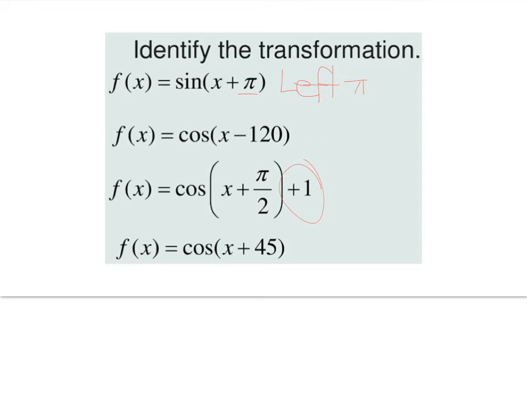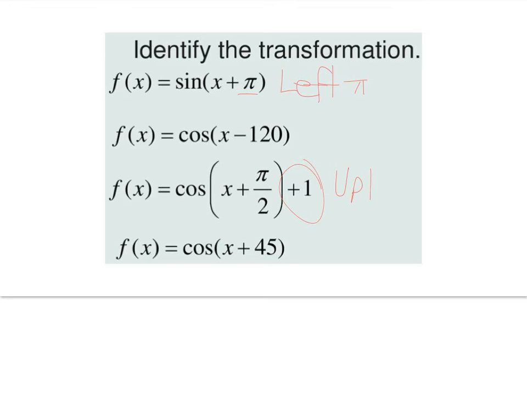So that plus 1 right there. Stretch? No. Stretching has to be multiplication. That's if you see a number in front like that. Okay? If you see something being added outside of the parentheses, that's going to be the vertical shift. It's going to move everything up or down. In this case, up 1.